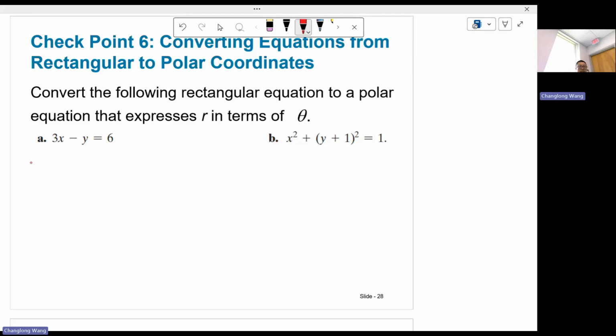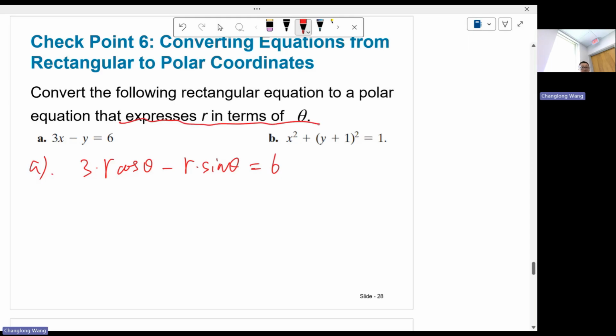Now for letter A, since x and y can be represented by r cosine theta and r sine theta, just go ahead and make the substitution. When you see x, replace it with r cosine theta, and y, replace that with r sine theta, right? Technically speaking, this is it.